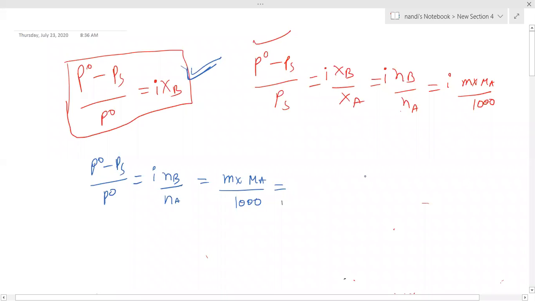I hope you know that molality equals M into 1000 by (d into 1000 minus M into gram molecular weight of solute), where capital M means molarity. This relation I already gave, sir. Please check it. This is the solute. So in place of m I can write this complete formula.